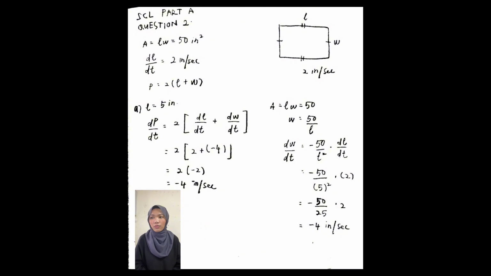Insert the value for L and dL/dt, and we will get negative 4 inches per second for dW/dt. Back to our original equation, we can now substitute the value for dW/dt. And the final answer is negative 4 inches per second.